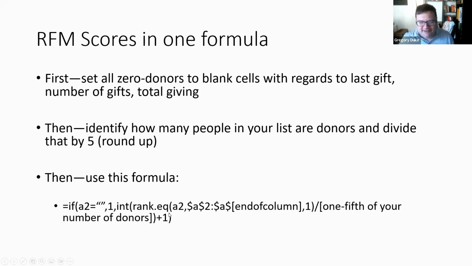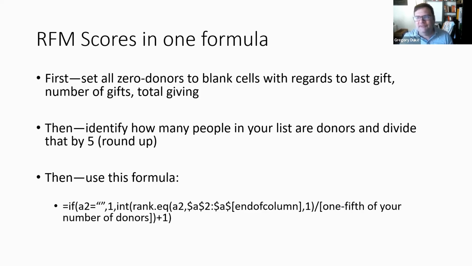We divide this rank by the number we got in this section by identifying one fifth of the number of donors we had. And then we add 1, because doing this integer cuts off any fraction. So it gives us a number from 0 to 4 in this case.